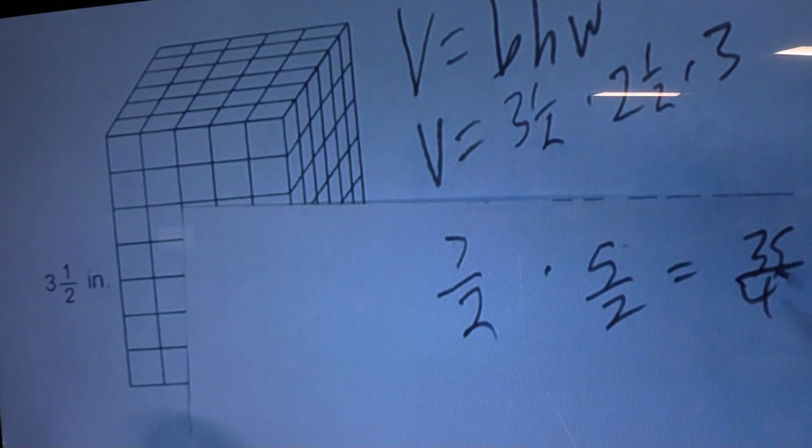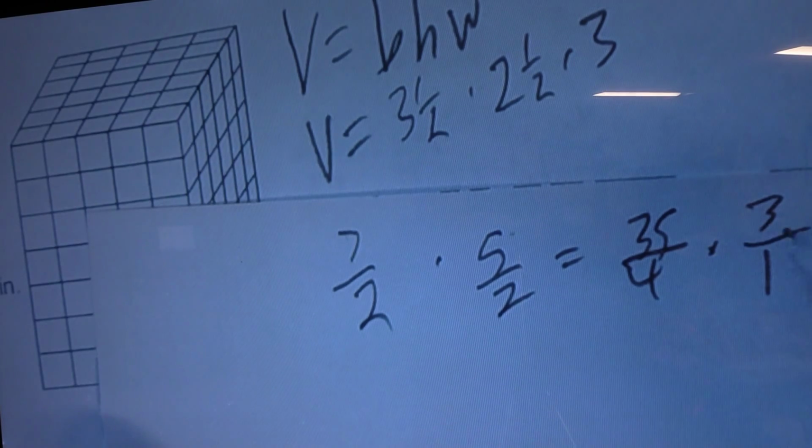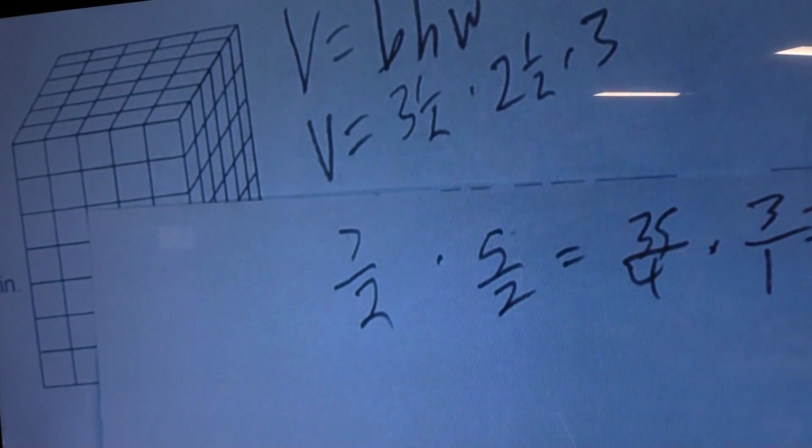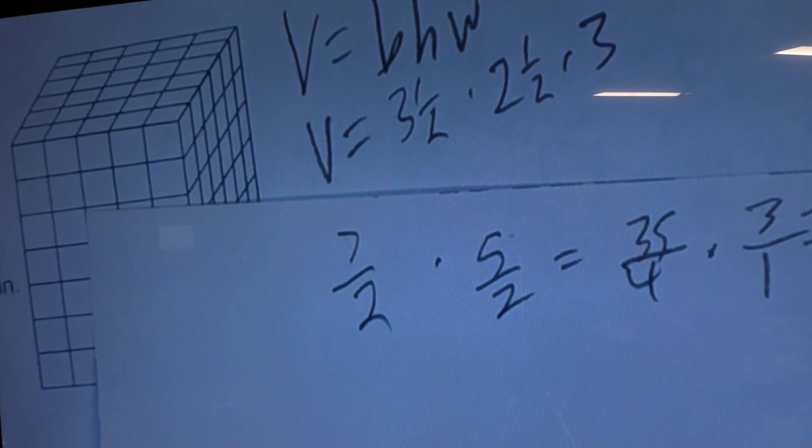Okay, so now I just have to multiply across. 35 times 3 is going to give me, 3 groups of 30 will be 90, 3 groups of 5 will be 15, so that's going to be 105, and 4 times 1 is 4. To make 105 fourths a mixed number, I know that 4 groups of 25 is 100, but I have 105, so I can get 26 groups of 4, that'd be 104, and I'll have 1/4 left over.